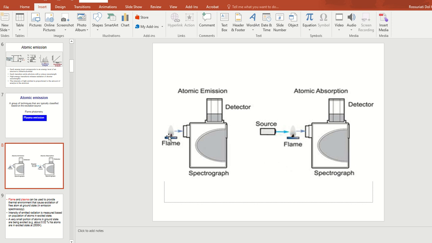It undergoes the excitation process, so in this case the flame acts as the excitation source. That means we do not need the radiation source.